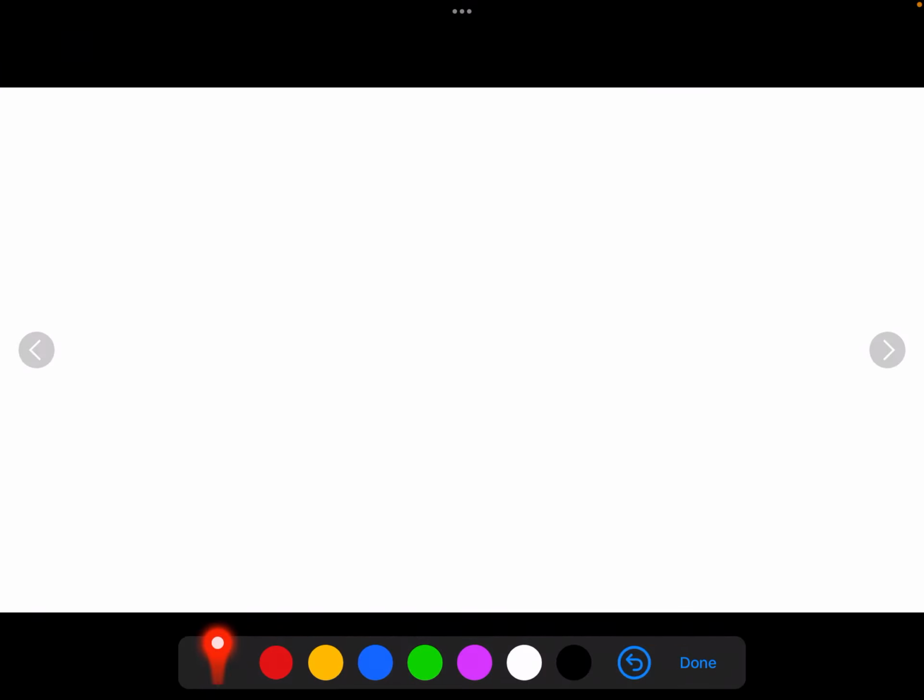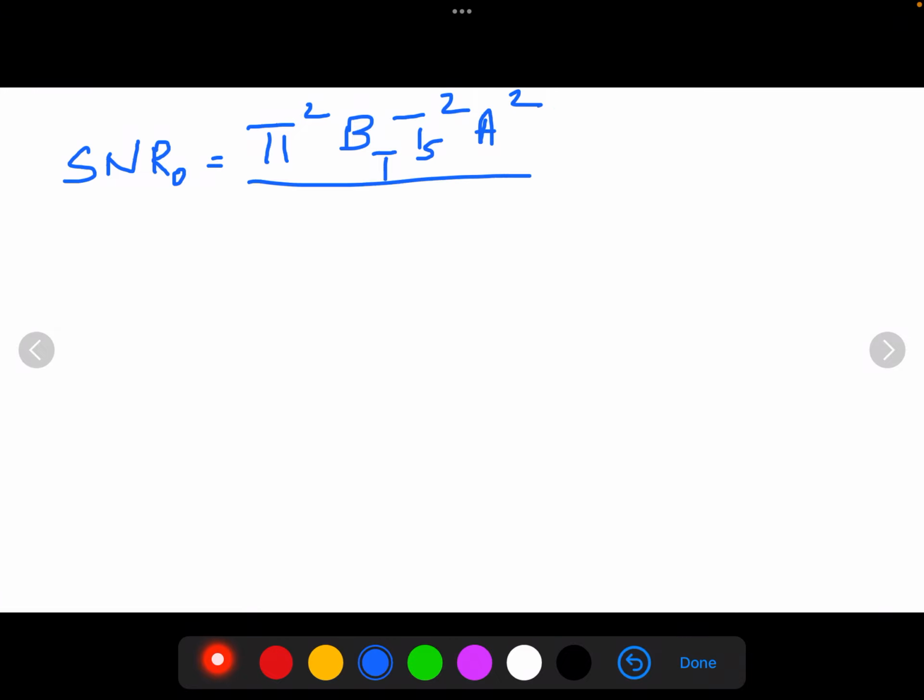SNRO is given by the equation pi square Vt Ts square A square divided by 32 N naught.